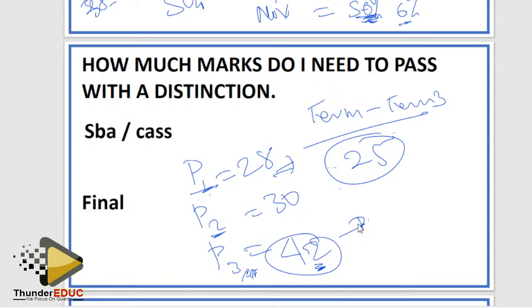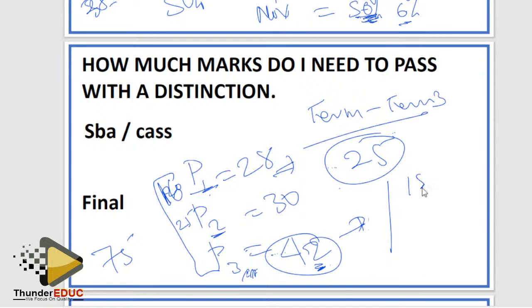So, all this we convert to 75%. But remember, this one has a bigger weighting. So it means that if I got, for example, 20 here and I got here maybe 25 and maybe I got 16, let me just show you here.